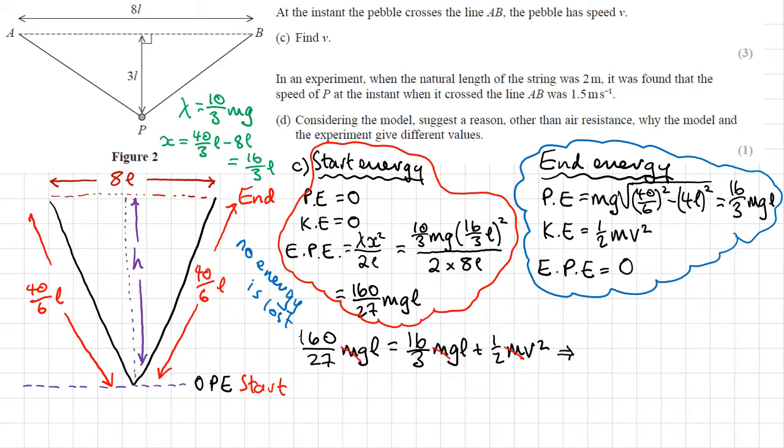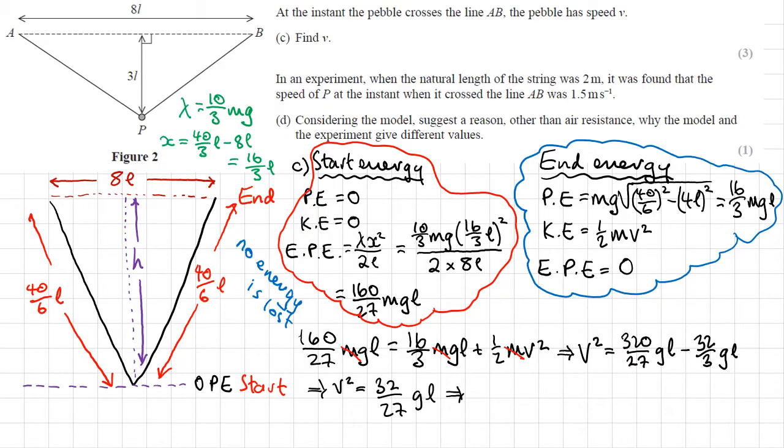then rearrange as well, and get v squared is equal to 320 over 27 gl minus 32 over 3 gl. So that simplifies to 32 over 27 gl. So that's what v squared is.